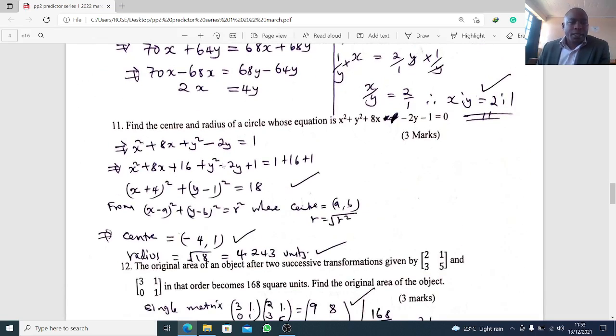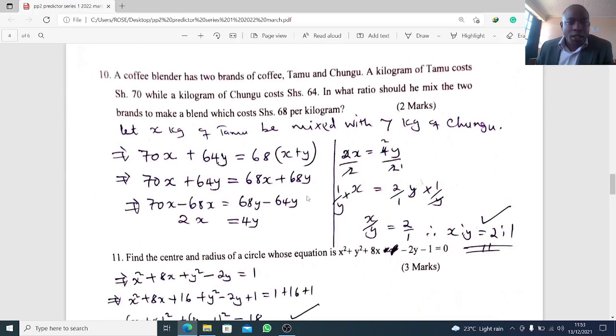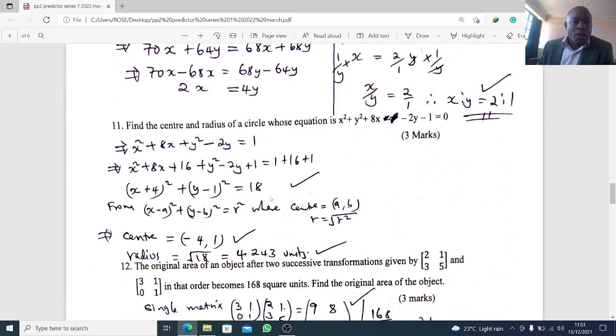Question number 11 is a question on circles. Find the center and radius of a circle whose equation is x squared plus y squared plus 8x minus 2y minus 1 equals 0. So I arrange the x terms together and the y terms together, and I take the constant to the right hand side. That is what I've done here: x squared plus 8x plus y squared minus 2y equals 1.